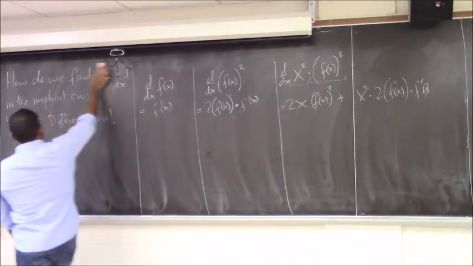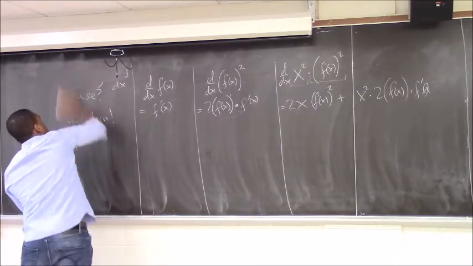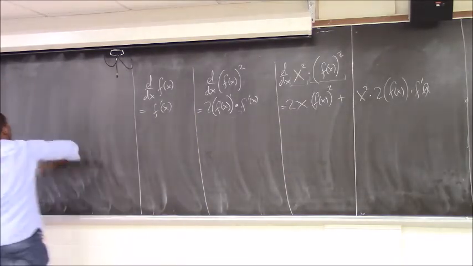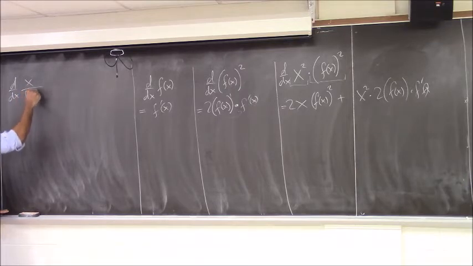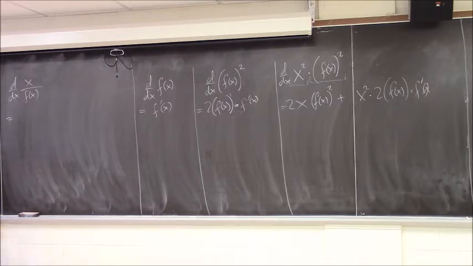What about the one that I erased? What is the derivative of x divided by f of x? How do we do that? Quotient rule. It's one function divided by another function, so what would the quotient rule say? X prime. Wait, that's just 1, right?